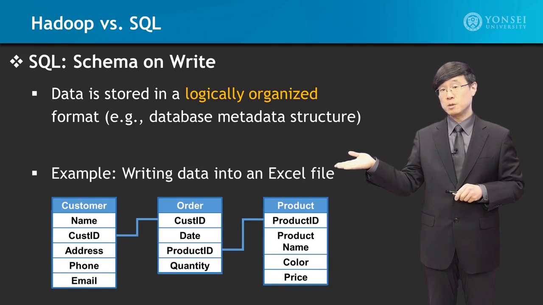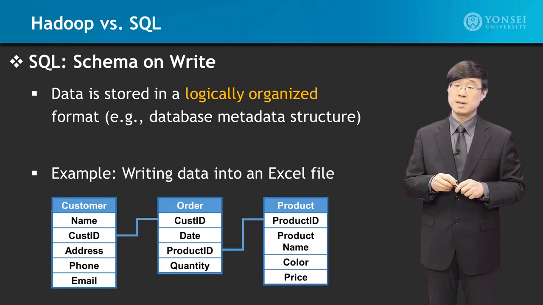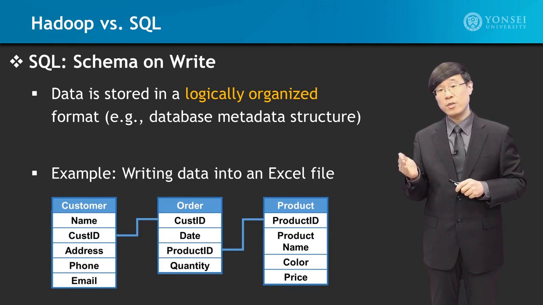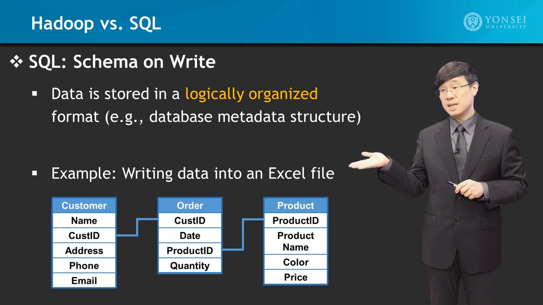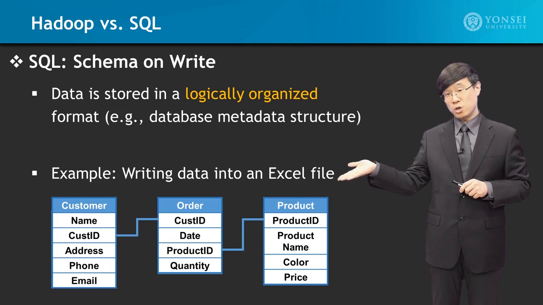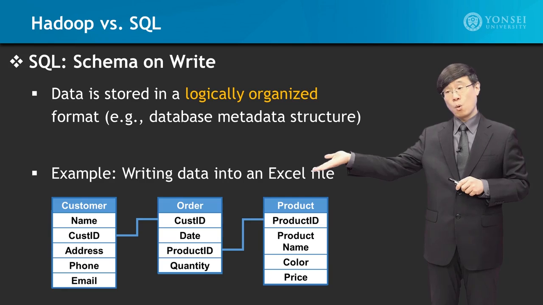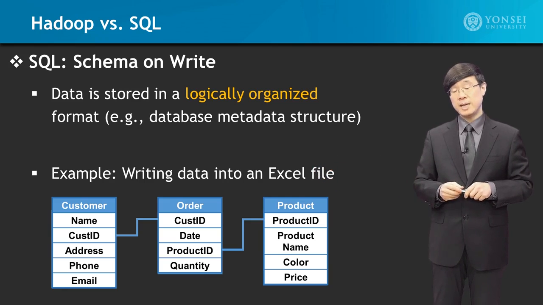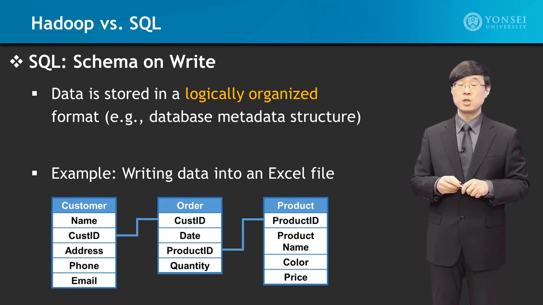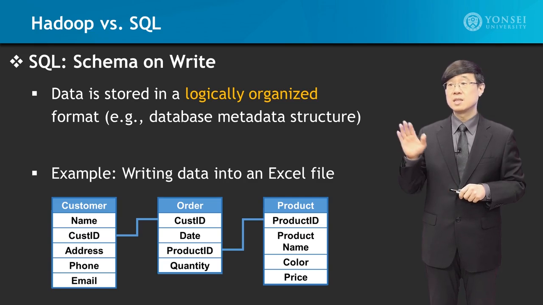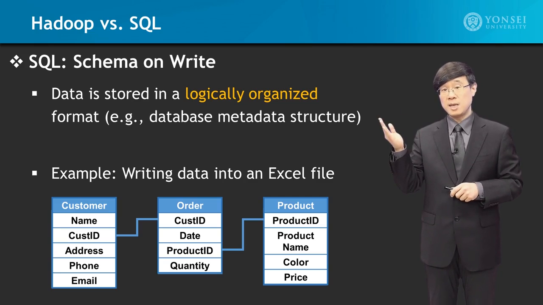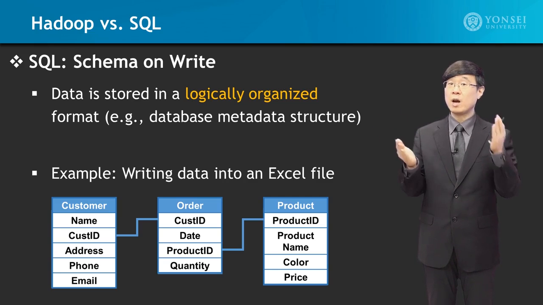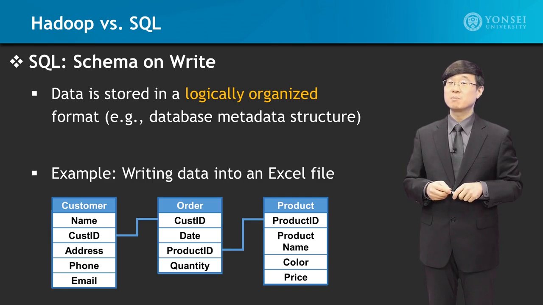And one of these examples, once again, remember when you use Microsoft Excel or any other data analysis tool, like in R. Typically what you will see is customer structure and information, what type of orders are being placed and when, and what type of products are being linked to. This is the type of information we need when we have schema on write, which is the typical database structure used in RDBMS and RDSMS, where we extract information using SQL.